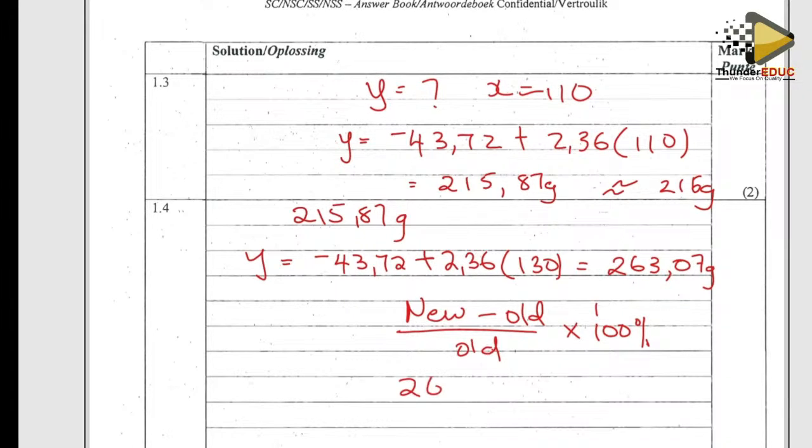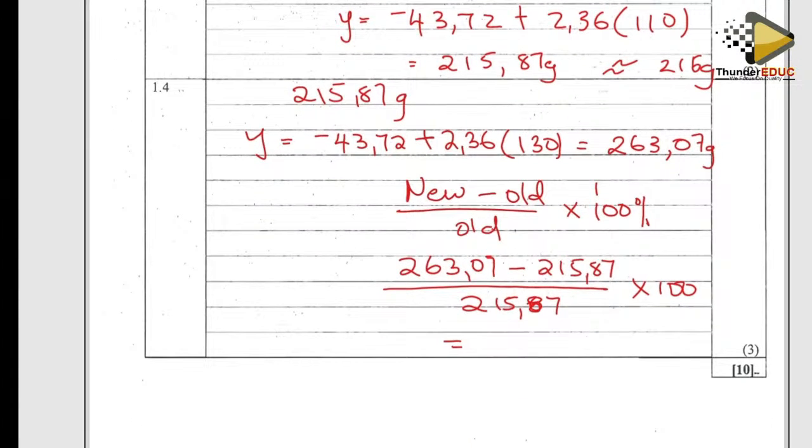So our new weight is 263,07 minus the old weight, which is now 215,87, dividing it by 215,87, and then I'm multiplying this by 100%. So I punch that into my calculator, and then I end up with 21,87. This is how I would have gone about with 1.4.